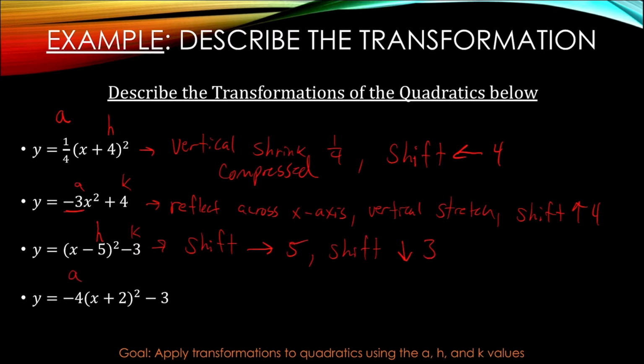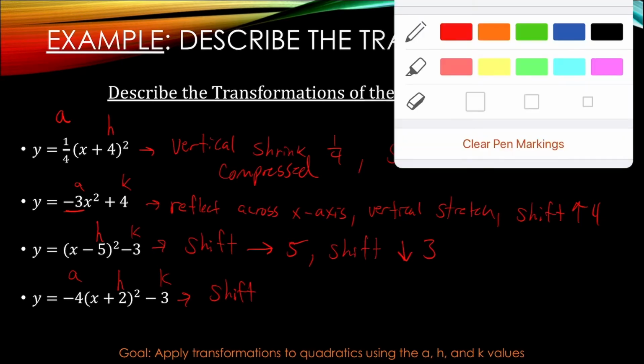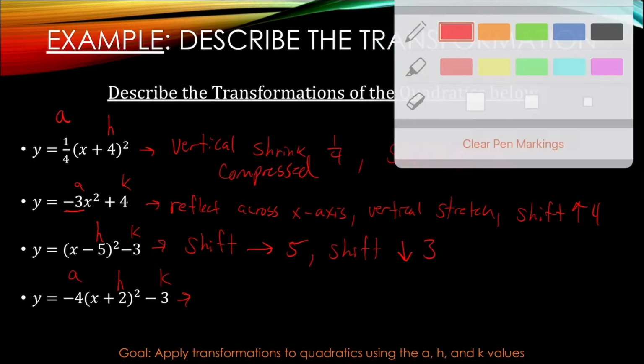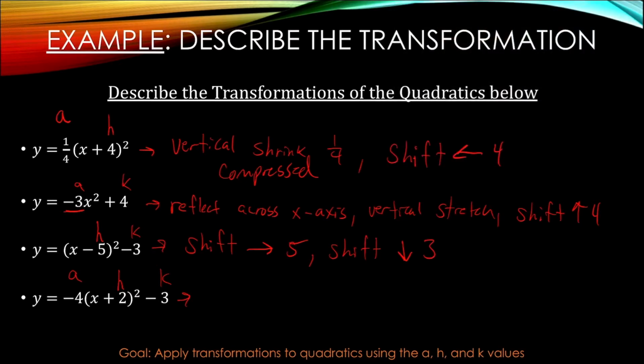Okay, so I have an A, I have an H, and I have a K. We do have shifts, but let's start with A. So I know A, if it's negative, is reflect across my x-axis.